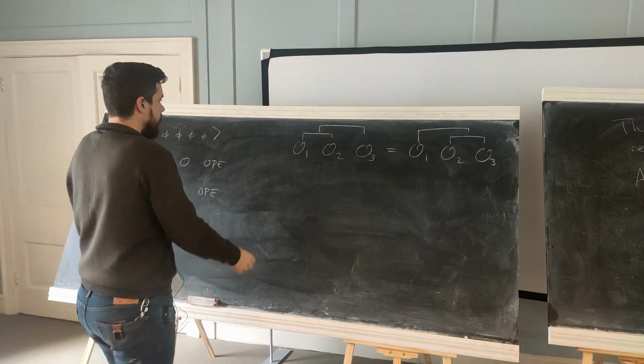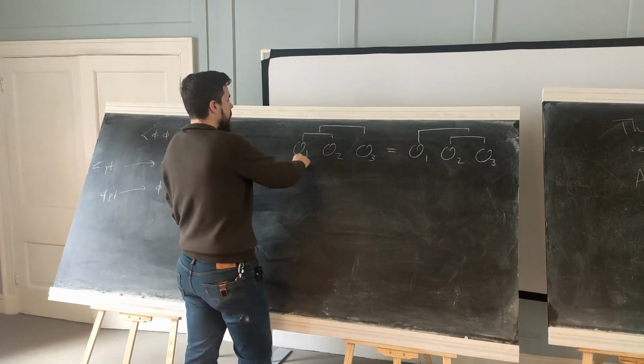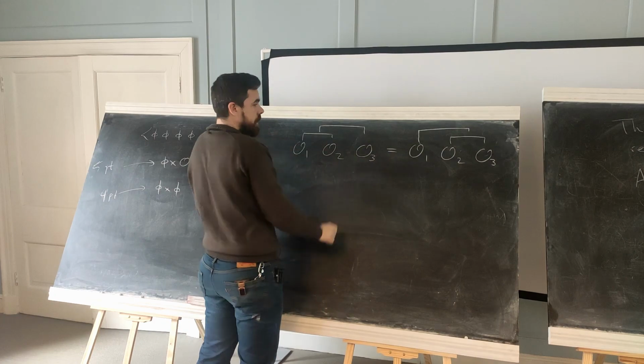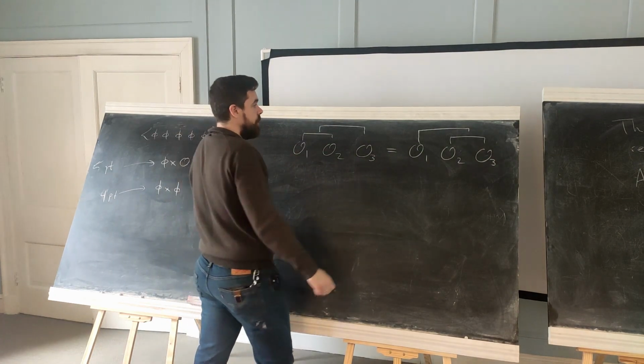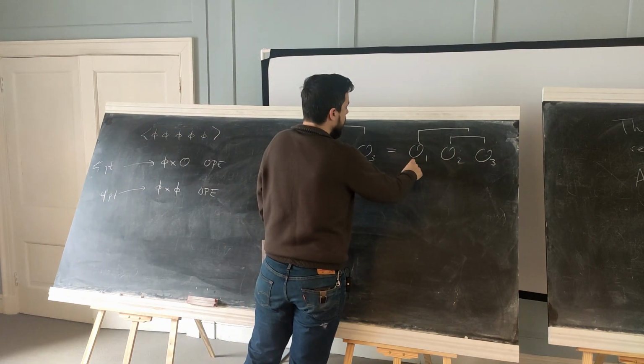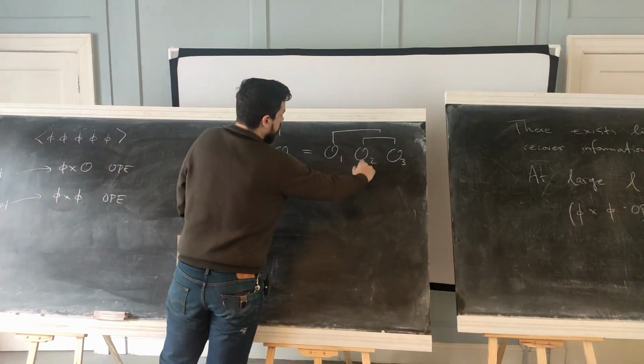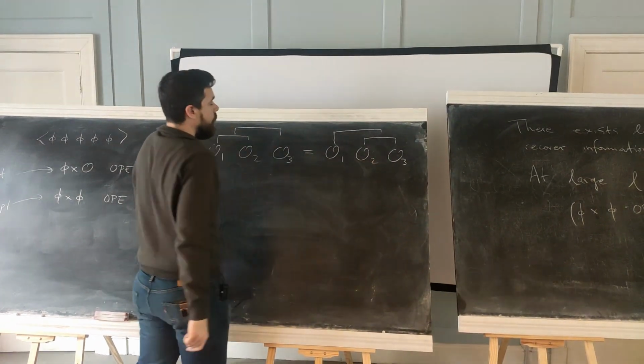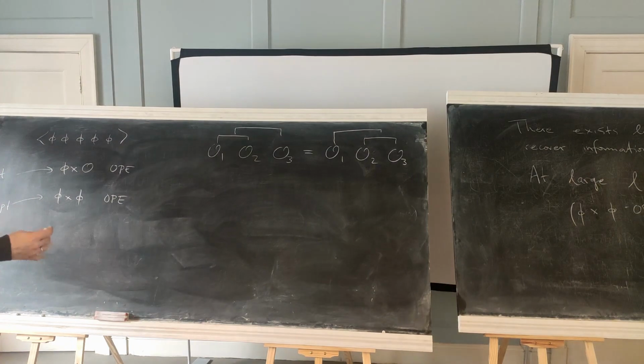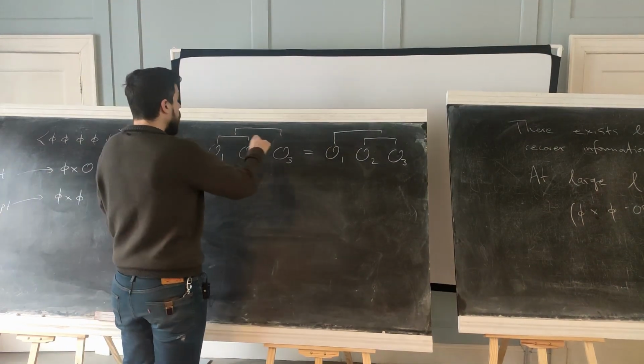Meaning that here you take the OPE of O1 with O2, and then the result is used to take the OPE with O3, versus if you take the OPE of O1 after you've done the OPE of O2 with O3, using the result of that OPE. This we call OPE associativity.